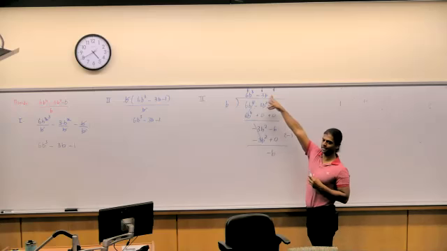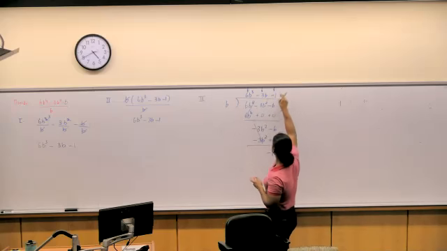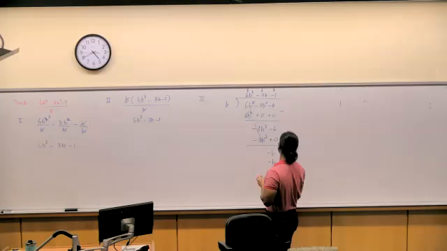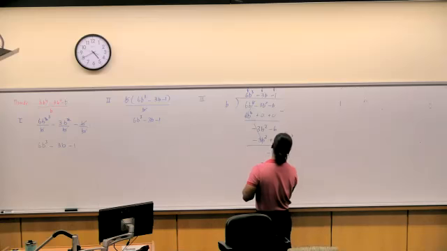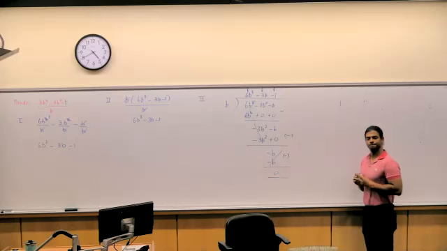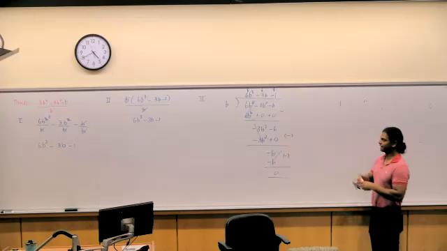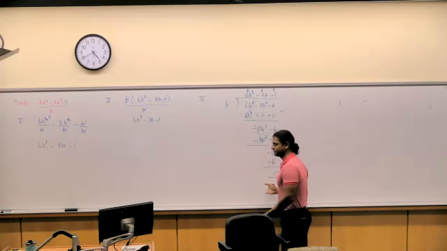So what should go up there? Negative 1. So b times negative 1 is negative b. Subtract the 2. We'll get 0.